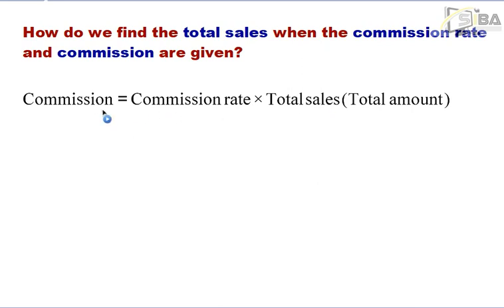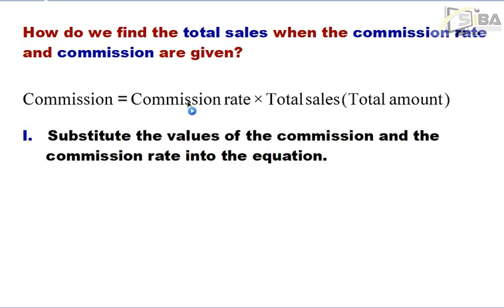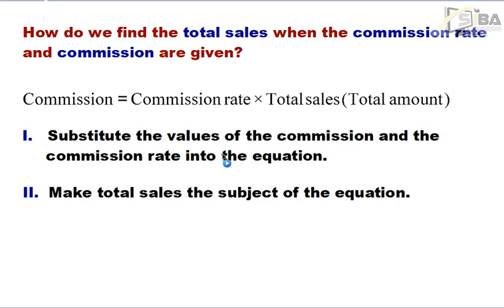Because we have the values of the commission and the commission rate, we substitute them into the equation. Then we make the total sales the subject of the equation. After we have done that, we can solve for the total sales. I believe the understanding is very clear to you. Let's look at an example on this.